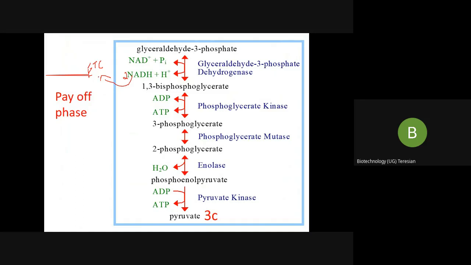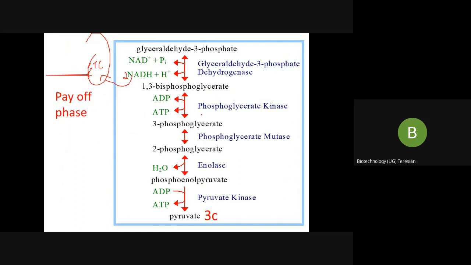In detail, we shall deal with it when we talk about this particular chapter. So I have ended up with 1,3-bisphosphoglycerate. At the first carbon and the third carbon, I have a phosphate group. That is the meaning of 1,3-bisphosphoglycerate.